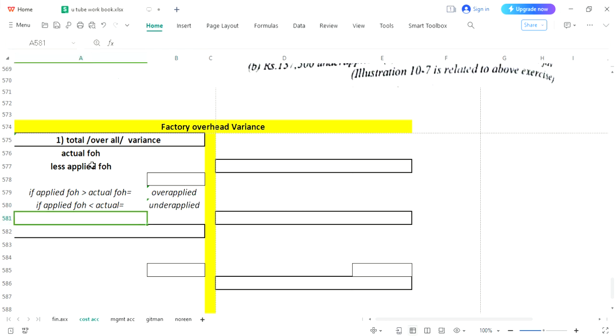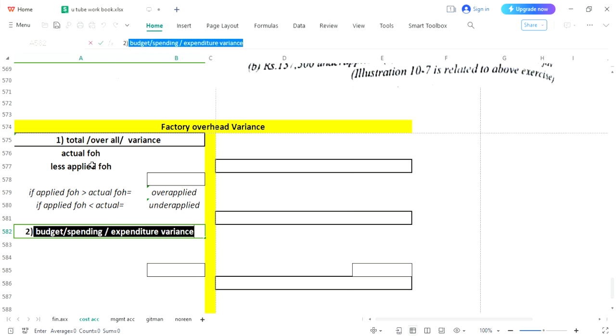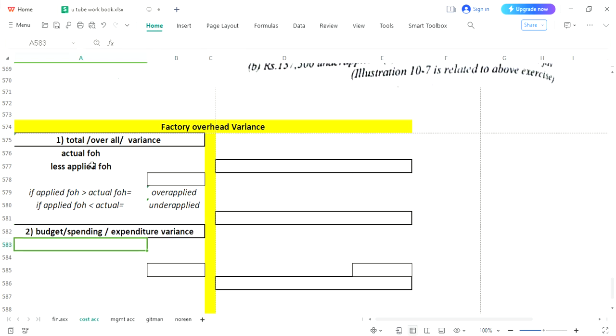The next variance which we will calculate would be budget variance, or spending or expenditure variance. It is a relationship between budget and actual FOH. So here you have budget FOH and then you will subtract actual FOH, which is the difference between budget and actual FOH. Beside this, we will be concluding this variance by focusing upon actual.